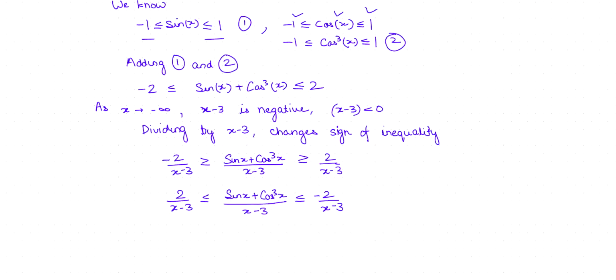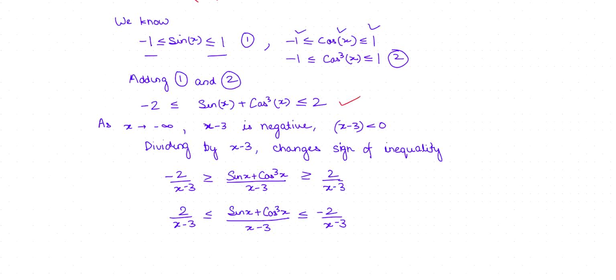Now if we add 1 and 2, we get an equation like this: -1 and -1 is -2, so -2 is less than sine x plus cos cube x, and this is less than 2. Now we have to divide by x minus 3. We know that as x tends to negative infinity, x minus 3 is negative.